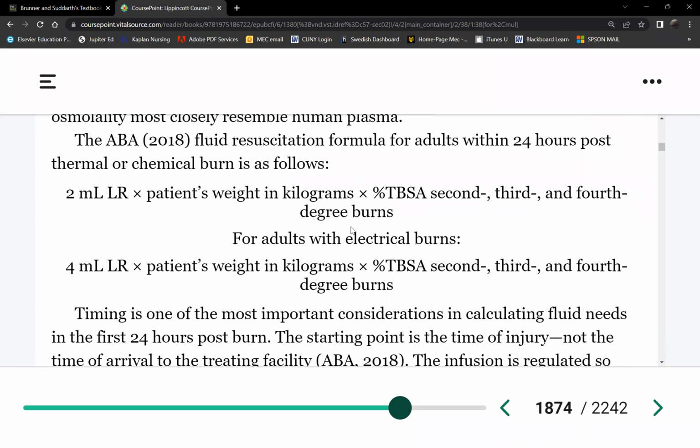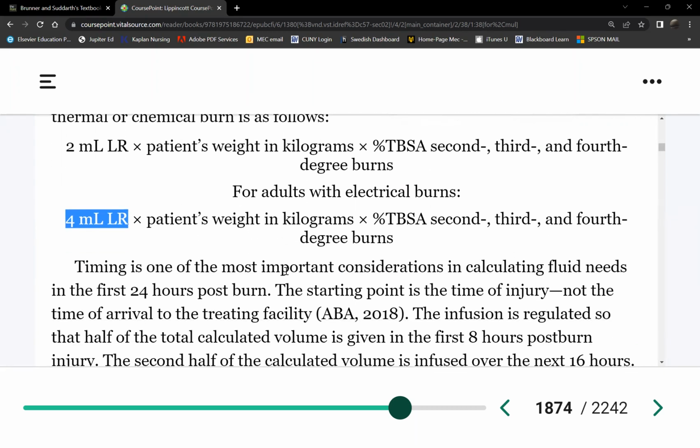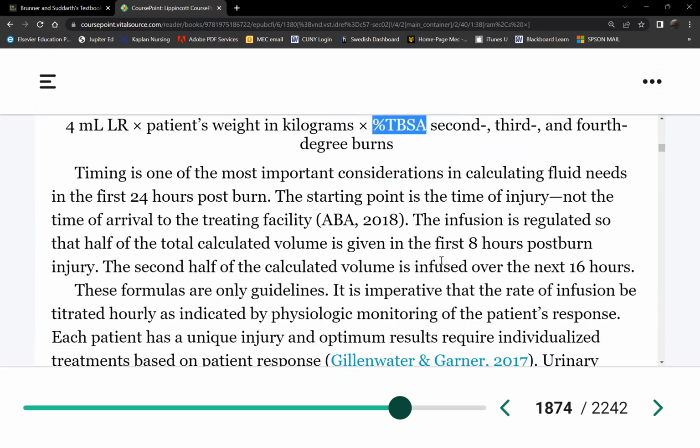What formula do we use? There are 2 here. Which one for adult? 4 ml, times the weight, times the percentage of TBSA. Do we convert the percentage to a decimal? No, keep it a whole number.